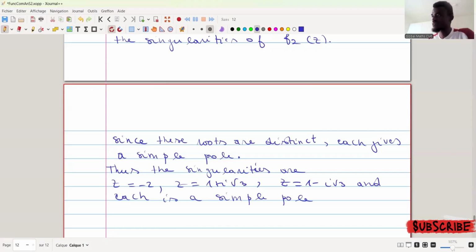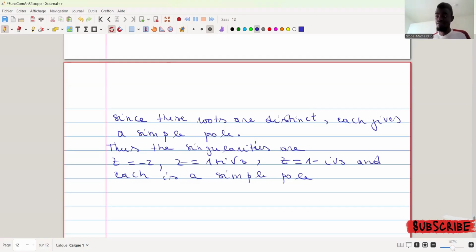Now the question is how to compute the residues at the poles. I know that you have the formula, so we are just going to apply the formula that you have.